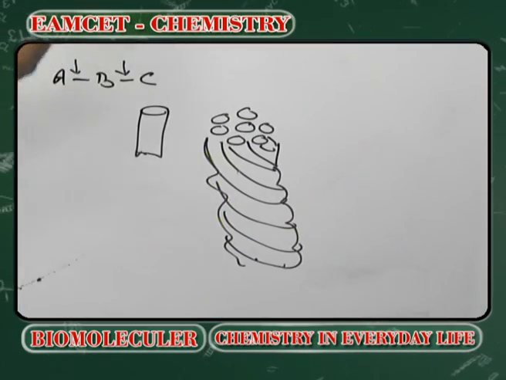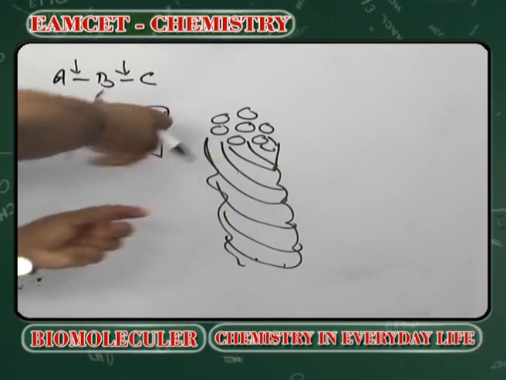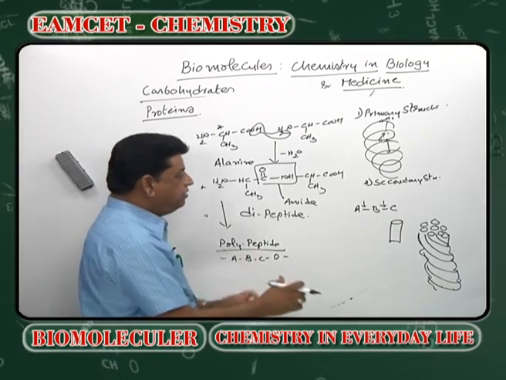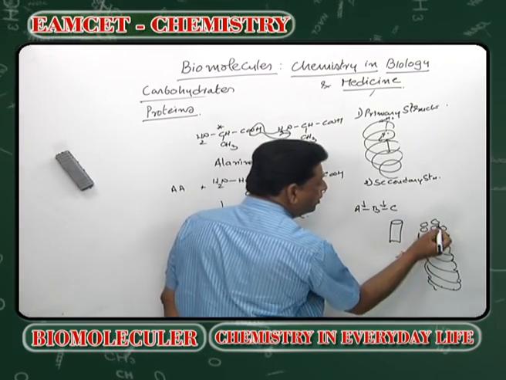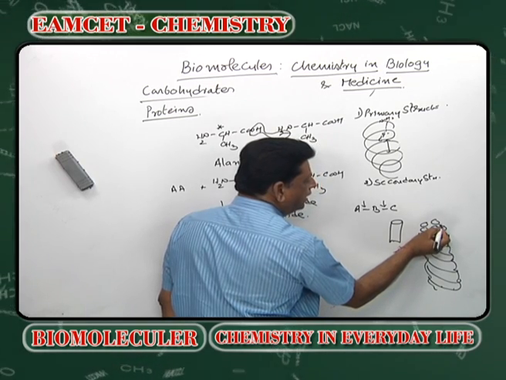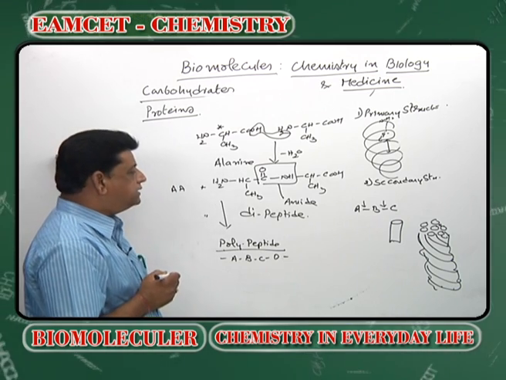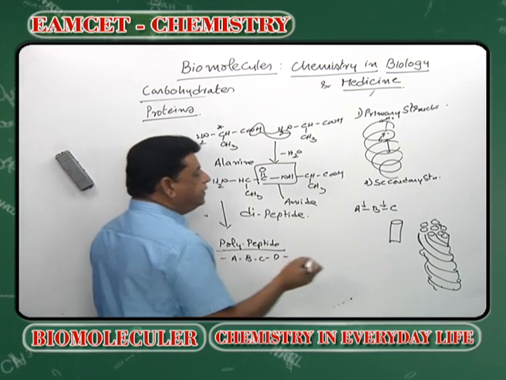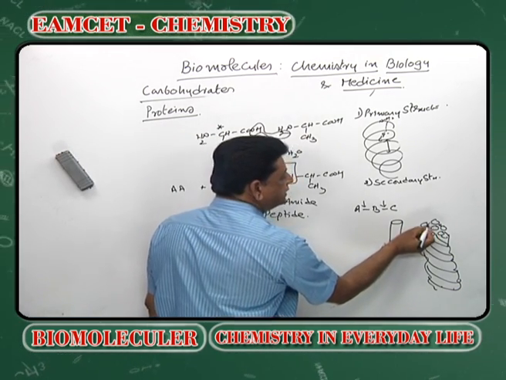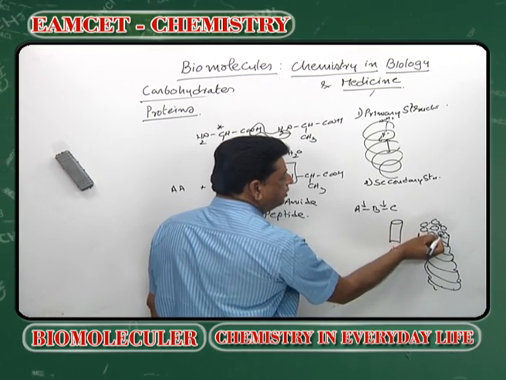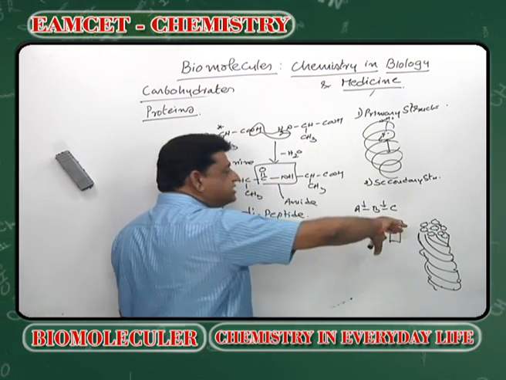This type of six or seven ropes twist up and make a big structure. Now between a coil and a coil there come some hydrogen bondings and ionic bonds and so on. Internally the dipole attractions, all such attractions, exist between them, and they are also twisted around each other.